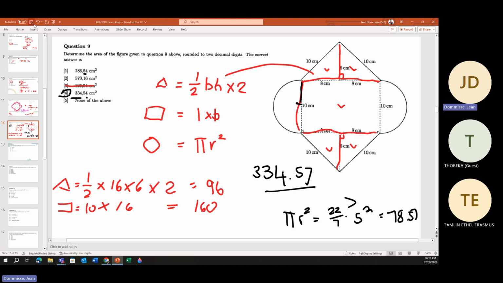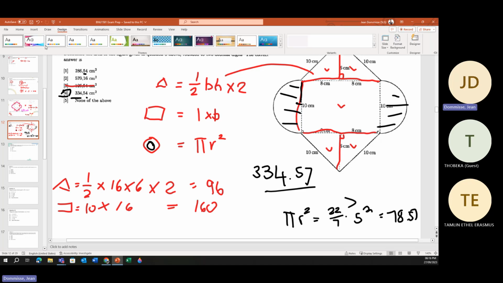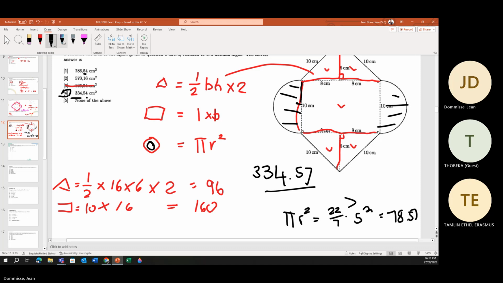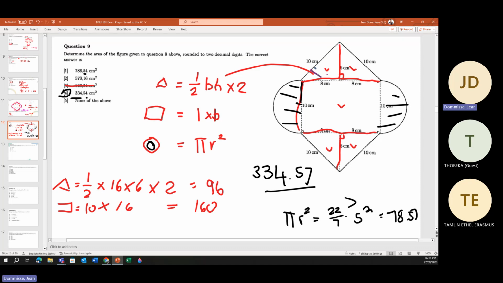So this again, what I nearly did was you do it bit for bit. So there was the circle part that we did. There was the triangle part that we did.